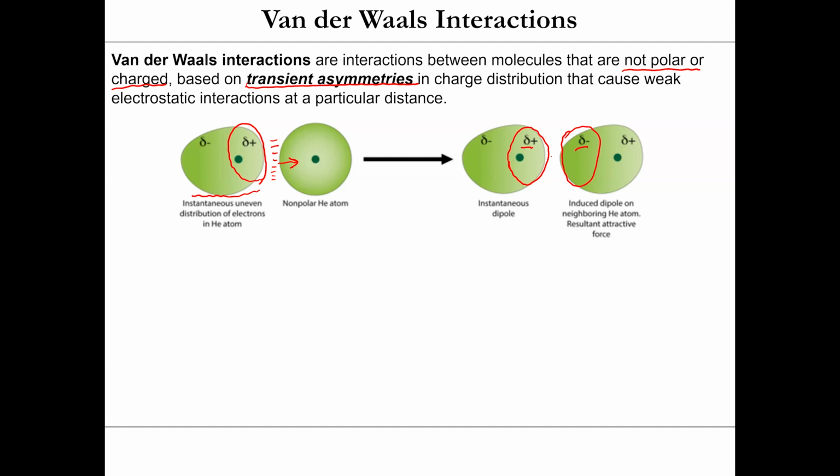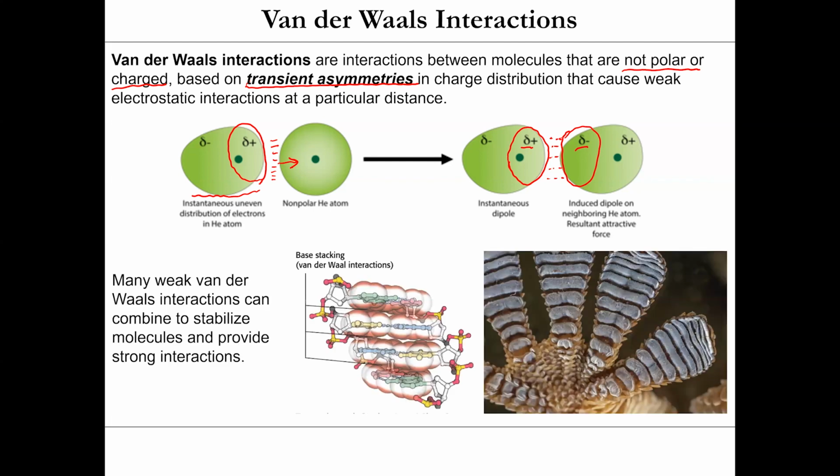That allows van der Waals interactions between these two molecules. It's a very weak interaction, again, but if you combine a lot of these, they can provide quite a bit of strength and stability to different biomolecules in biochemical processes.